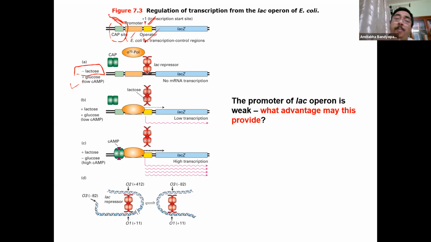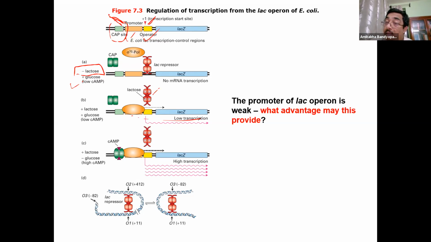Because it is bound to the operator, the RNA polymerase cannot move through, therefore there is no transcription. Okay? But if there is glucose, so low cAMP level, but there is also some lactose, then that lactose will bind to the lac repressor and will remove it from the operator. Now RNA polymerase can go through it. So some transcription will happen.